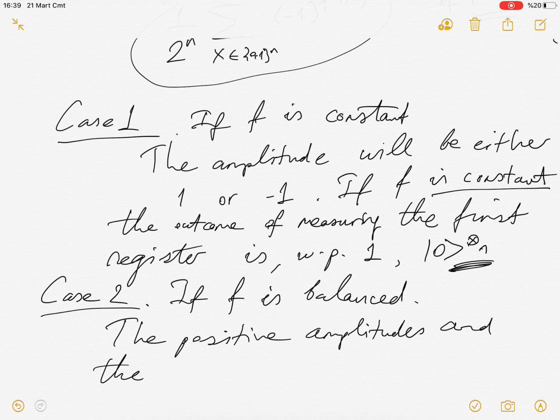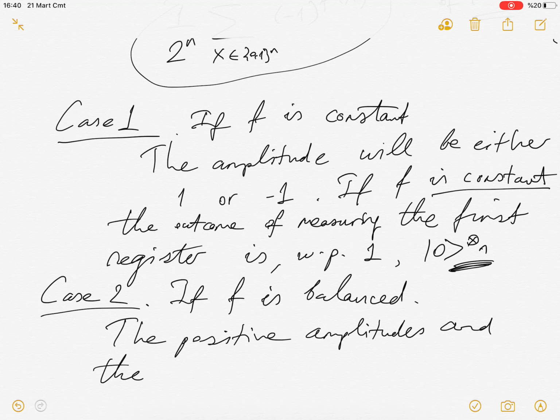So upon the measurement of the first register, if f is a balanced function, it's impossible to obtain the all zero state. I will not see the state with all zeros as the outcome of the measurement of the first register. If f is a constant function, I'm certain that the measurement of the first register will return all zeros. Otherwise, if f is balanced, with probability 1, it's certain not to return all zeros.